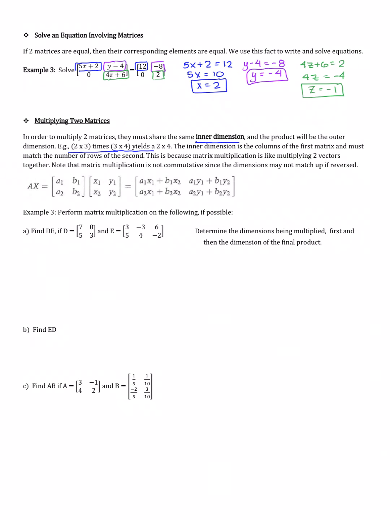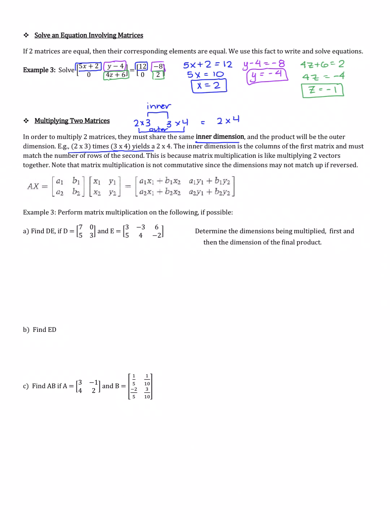If I gave you a 2 by 3, and I wanted to multiply that against a 3 by 4, these are your inner dimensions. So they match up. In other words, the columns of the first match up with the rows of the second one. My result is going to be the outer dimensions, which would be 2 by 4.